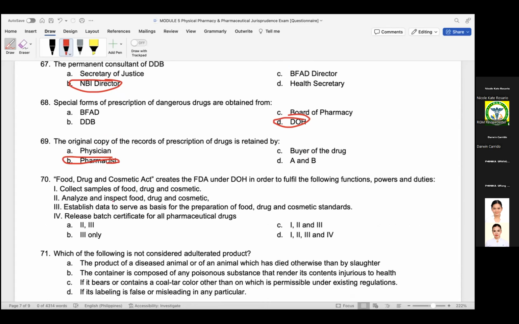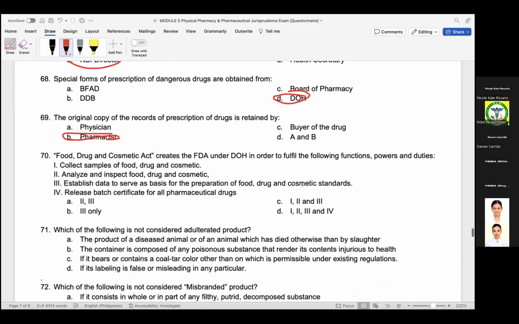Number 70. Food, Drug, and Cosmetic Act creates the FDA under DOH in order to fulfill following functions, powers, and duties. 1. Collect samples of food, drug, cosmetic. That is true. 2. Analyze and inspect food, drug, cosmetic. That is also true. 3. Establish data to serve as a basis for the preparation of food, drug, and cosmetic standards.